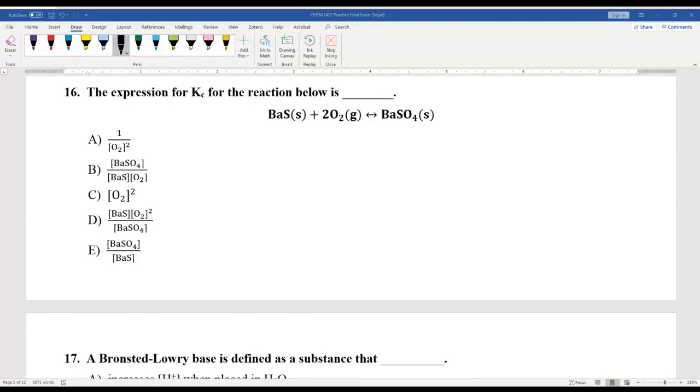Or more precisely, I guess you could say their activity is always considered to be 1. And that's the definition you'll learn when you get into quantitative chemistry. But essentially, the concentrations of solids do not really change, and therefore, as a result, they're considered to have a relatively constant activity, and so you can pretty much ignore them. So solids and liquids, you don't want to include in equilibrium constants. So yeah, A is the answer.